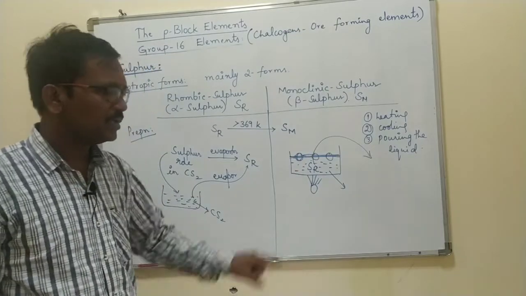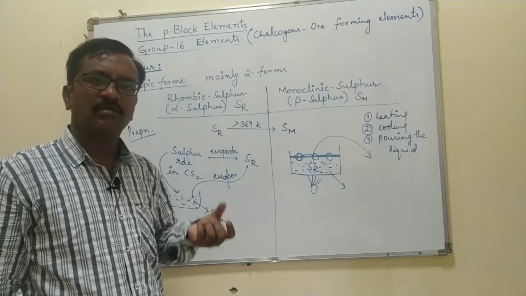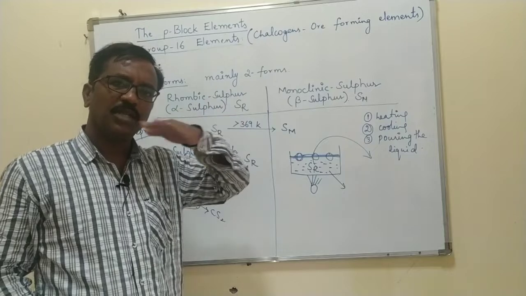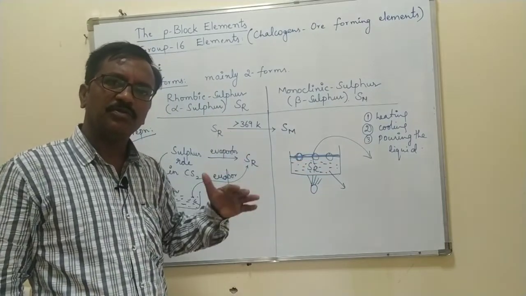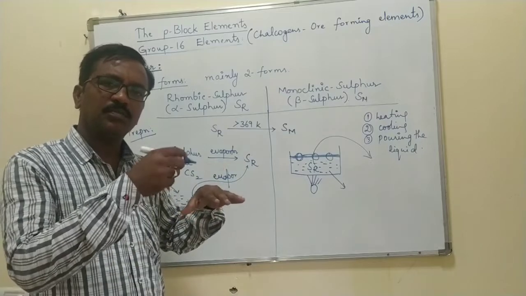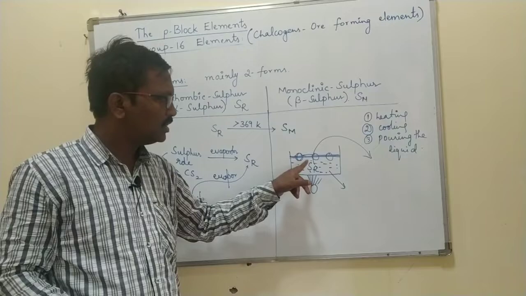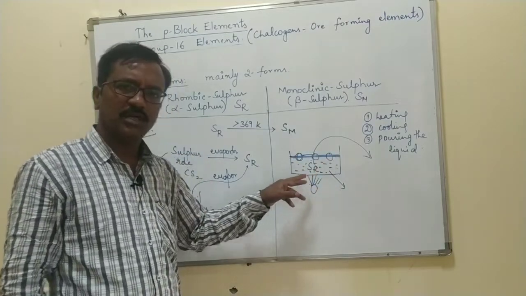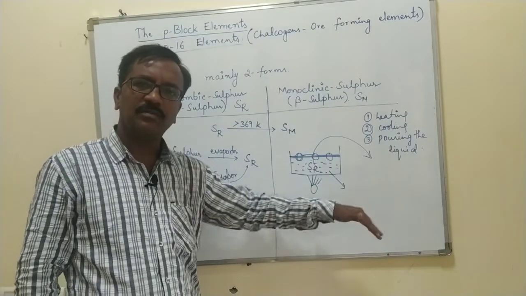Once again, you have to take the rhombic sulfur, heat it, and cool it. Once you cool it down, a thick layer forms above the surface of the liquid. So how do you remove the liquid below? Make 2 to 3 holes in the layer, then remove the liquid.